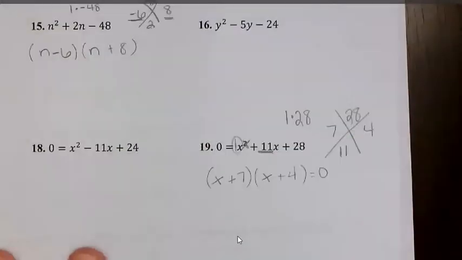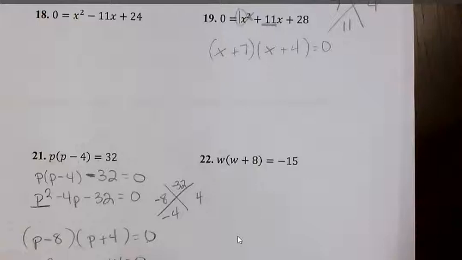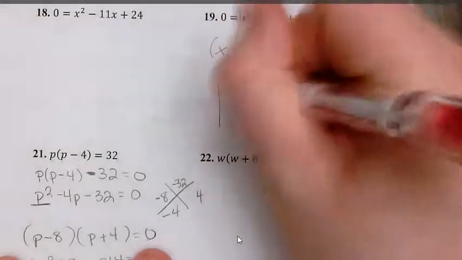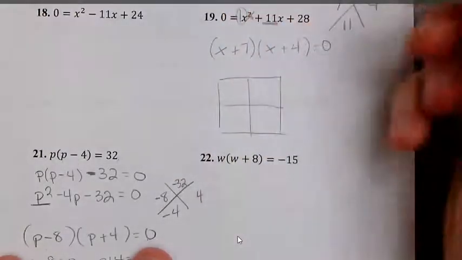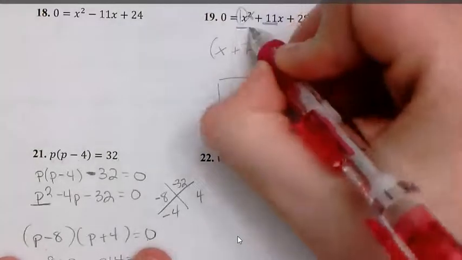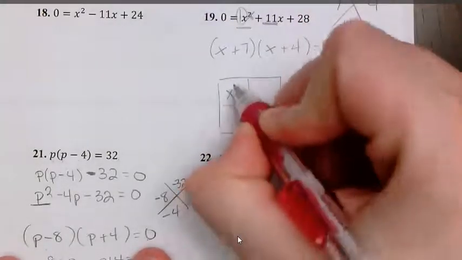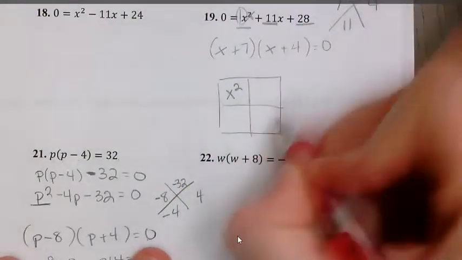Okay, so now I didn't do the box method on any of these. I'm going to show the box method really quick. Same thing. The difference with the box method is you're going to take this exact first term, put it here, and you're going to take your last term and put it here.